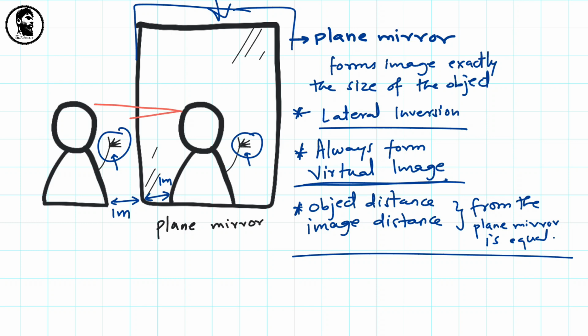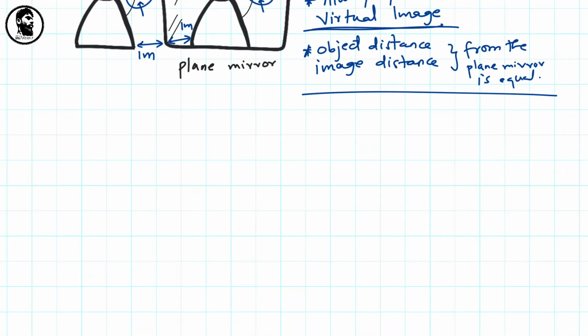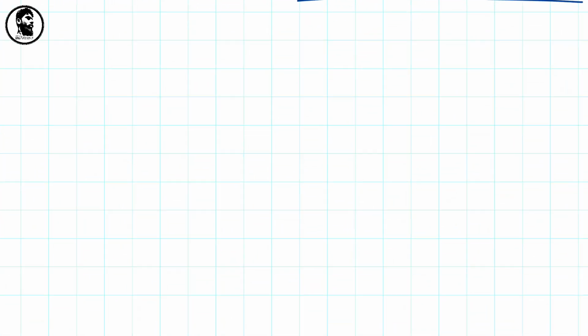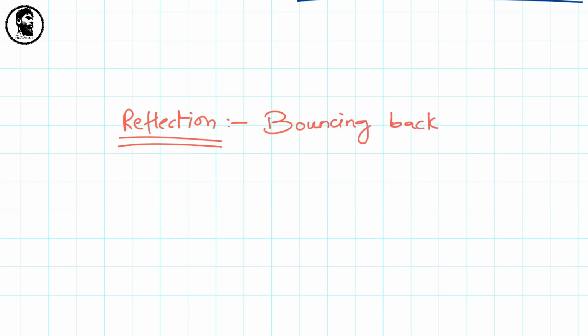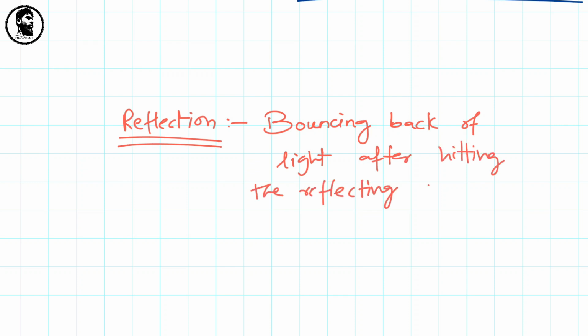Now, this image got formed because of a phenomenon known as reflection. What is reflection? Reflection is a phenomenon of light. In general terms, it is nothing but the bouncing back of light after hitting a reflecting surface.